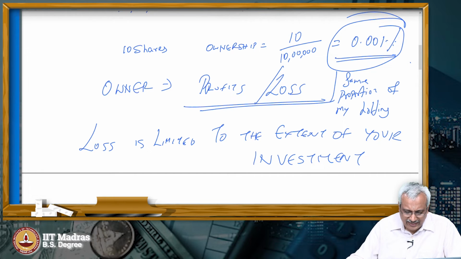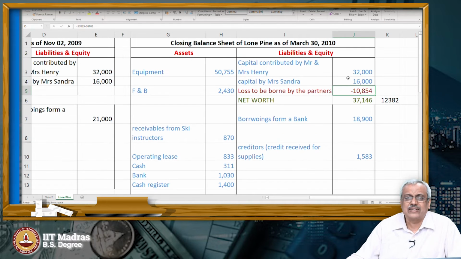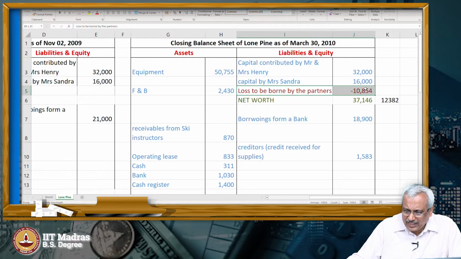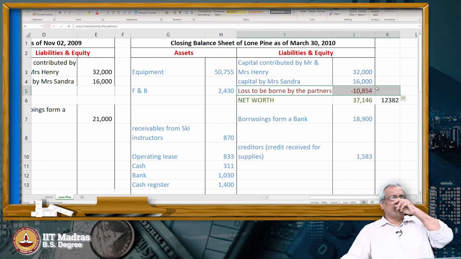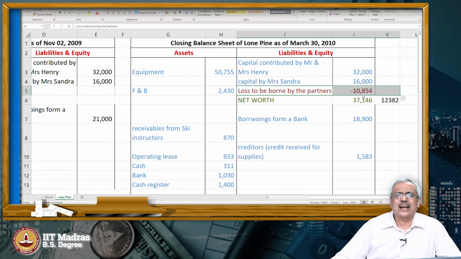So, having discussed all these things and talked about profit and loss borne by partners, let us move to the next stage. How did the Lone Pine Cafe make this loss of 10,854? That is what is more interesting. We are looking at how this loss was arrived at.